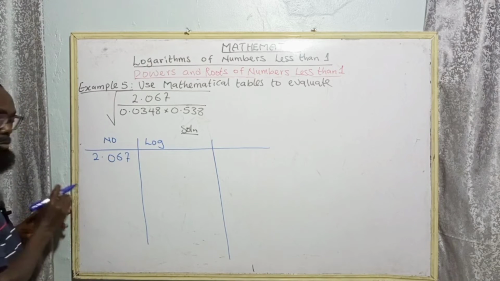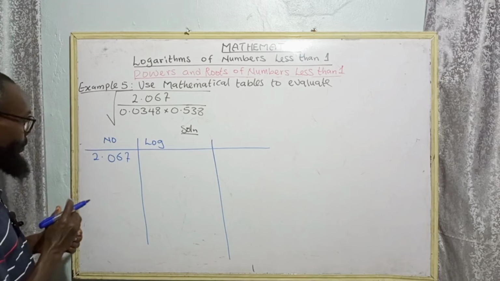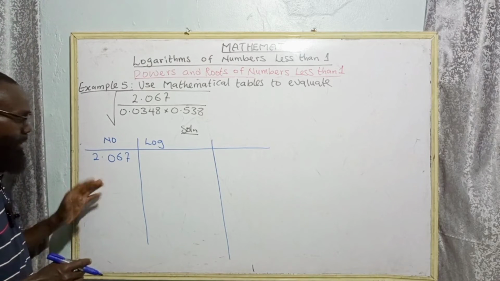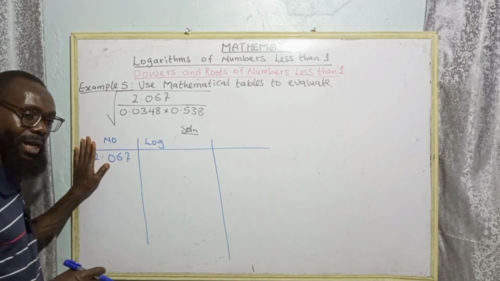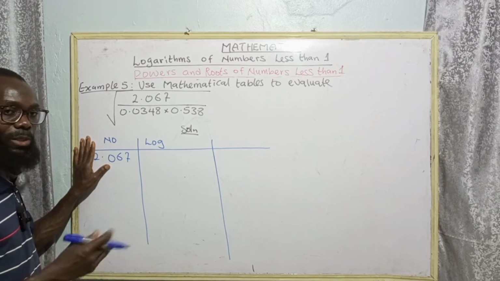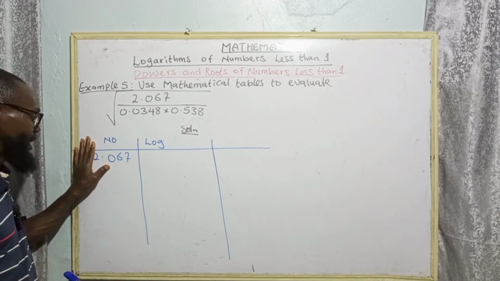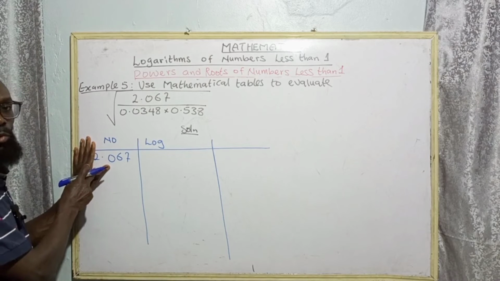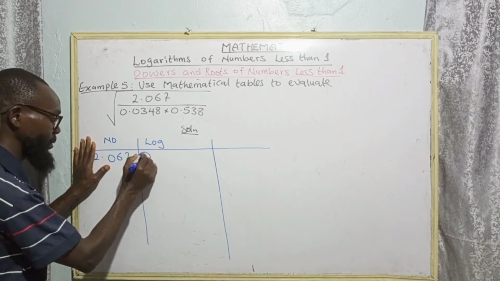Now, we have 2.067 at the numerator. What is the integer of this? This is number greater than 1, covering the first digits, and count the number of digits after the first digit without jumping the decimal point. Definitely, there is no number after the first digits. We only have decimal point. We call it 0 points.